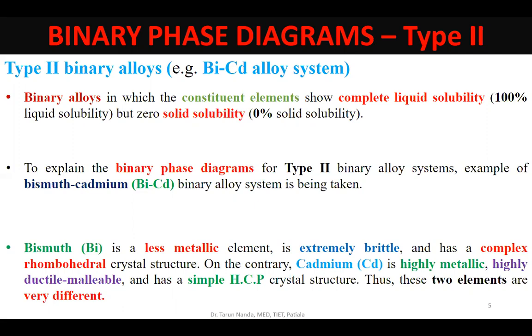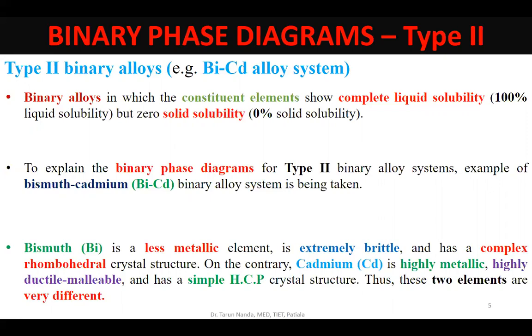This is type 2 systems. Then if you talk about their mechanical properties, bismuth is a highly brittle material, whereas cadmium is highly metallic, very ductile, very malleable. Because of these differences, they do not obey most of the Hume-Rothery rules, and as such, they are not able to form mixed crystals between them, and thus they get into this type 2 material system slot.